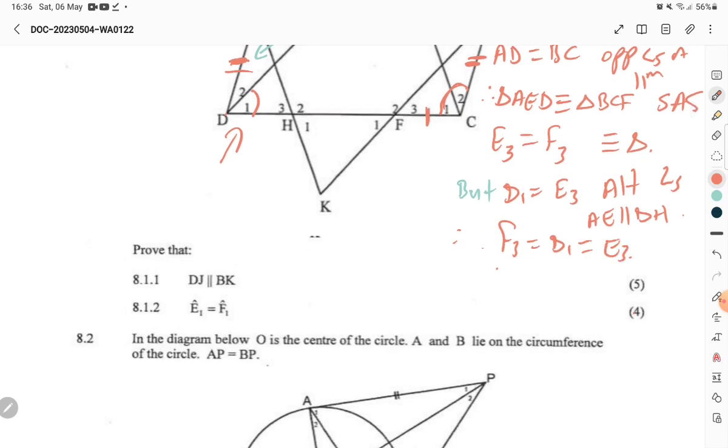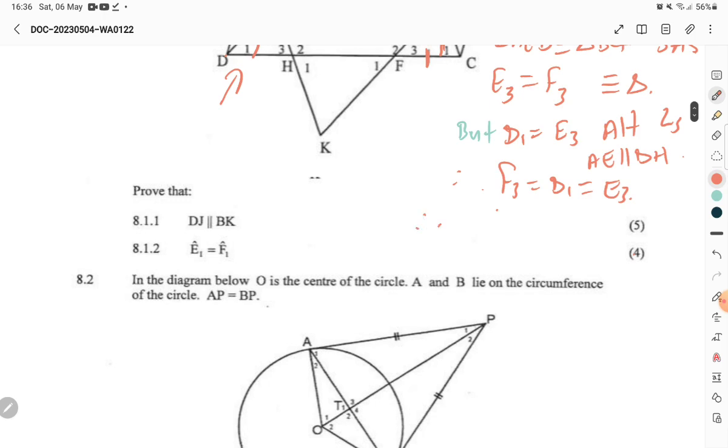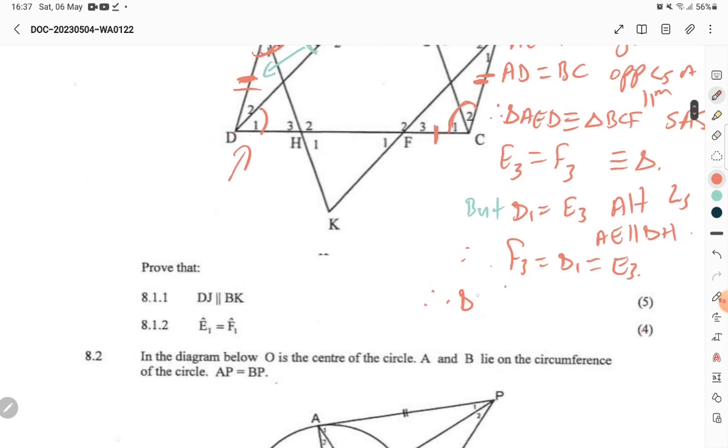So you can now conclude to say, therefore, DJ is parallel to BK, because the corresponding angles are equal to each other. Should that happen, then therefore the lines are parallel to each other.